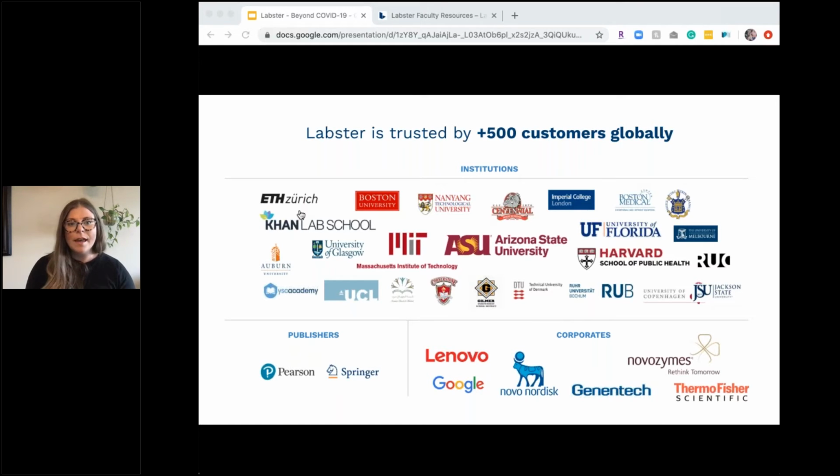And then ASU is one of the instances where they've implemented Labster into an online ecology course to provide access to lab practice for students in an unlimited capacity. Most of these students were in remote locations, and access to Labster allowed them to have this opportunity to experiment in their ecology course.